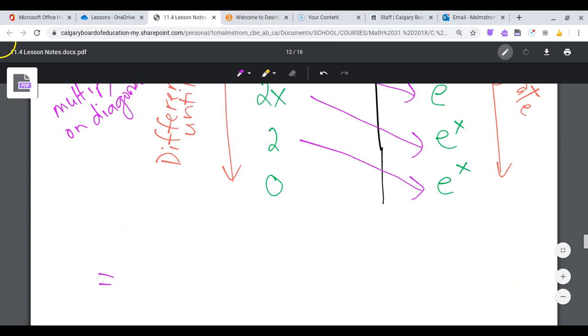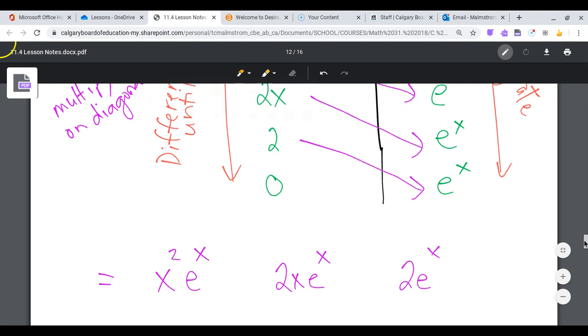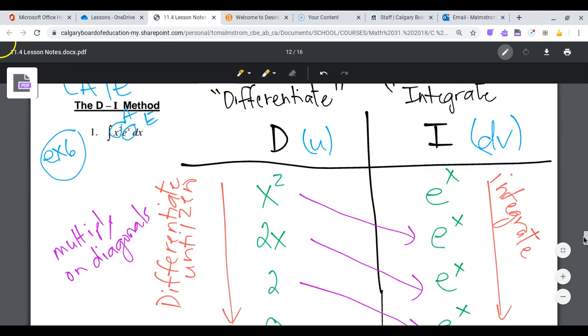Is equal to. So we have our first diagonal multiplication is x squared e to the x. Our second multiplication is 2x e to the x. And our third multiplication is 2 e to the x. And the last piece, we haven't used yellow yet, is how do you know your signs? So you alternate positive, negative, positive.